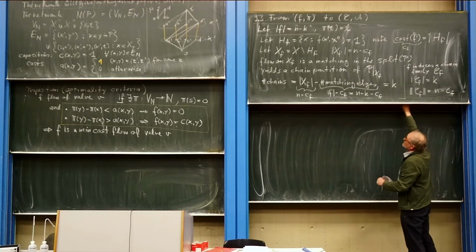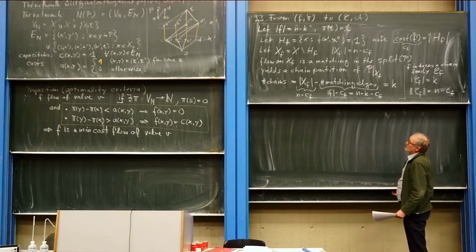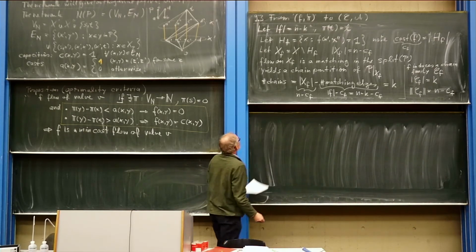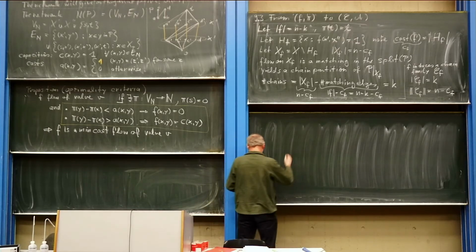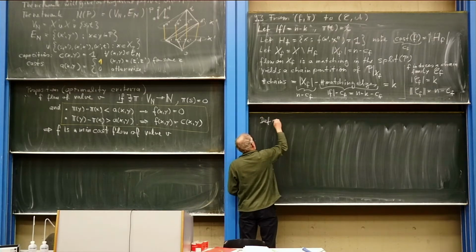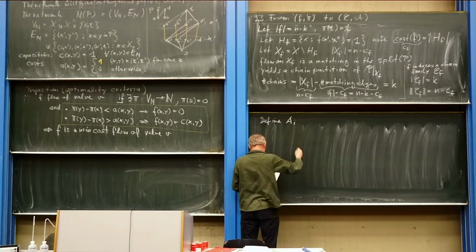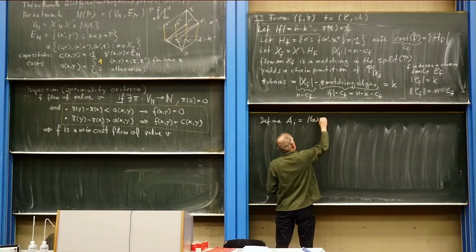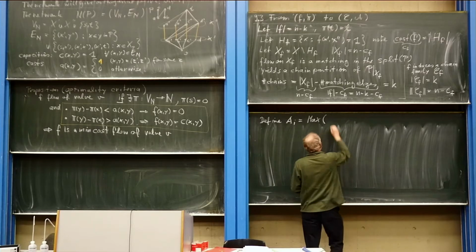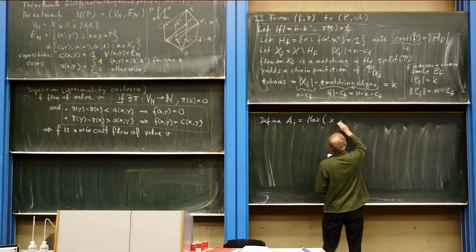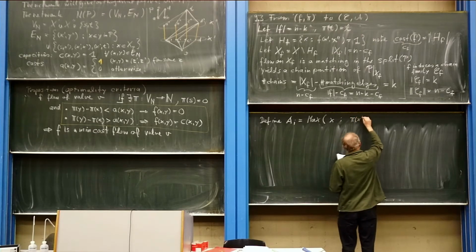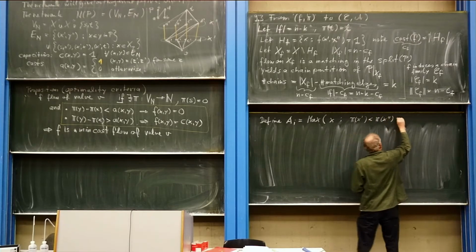Now this is the chain family, and now let's continue with the antichain family. So we define A_i to be the max of the set of all x with the property that phi of x prime is less than phi of x double prime, equal to i.